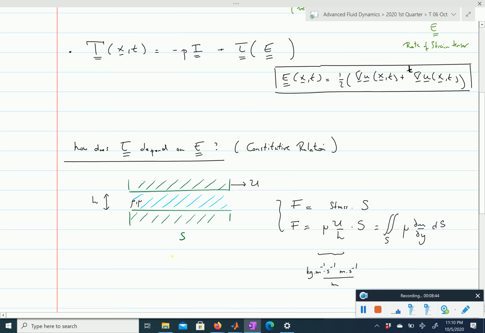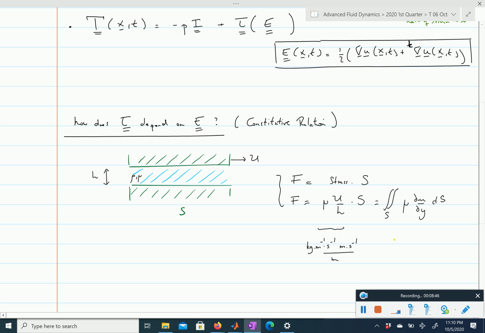So this is my shear stress, let me call it tau, equal to mu partial u partial y. What you're essentially saying here is that your stress is equal to a constant times your rate of strain, so the stress is linear in your rate of deformation.